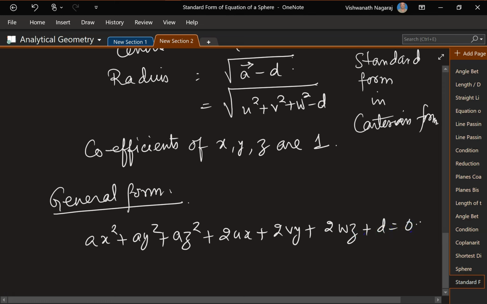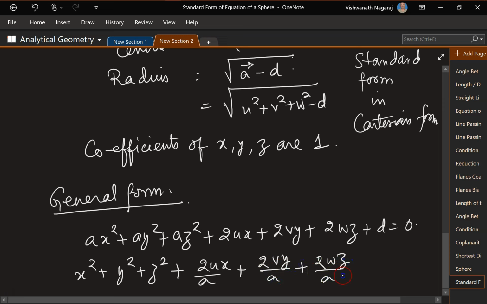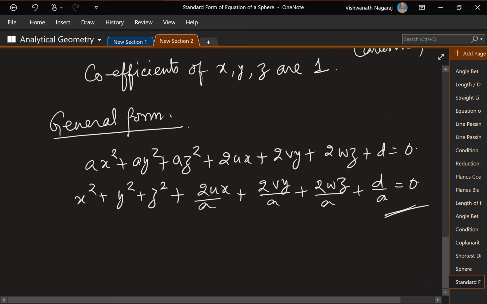This is the general form. If you want to convert it into the standard form, just divide everything by a. So x square plus y square plus z square plus 2ux by a plus 2vy by a plus 2wz by a plus d by a equal to 0. So that is the standard form of the equation of a sphere. That's it.